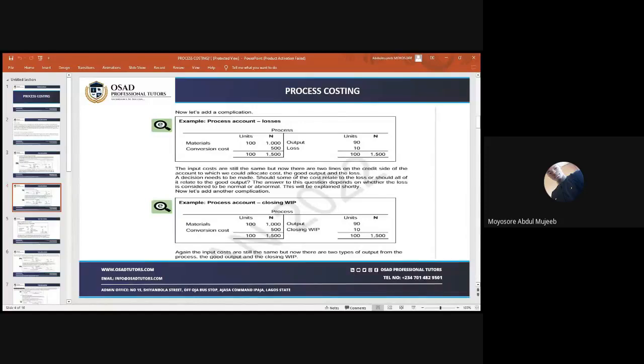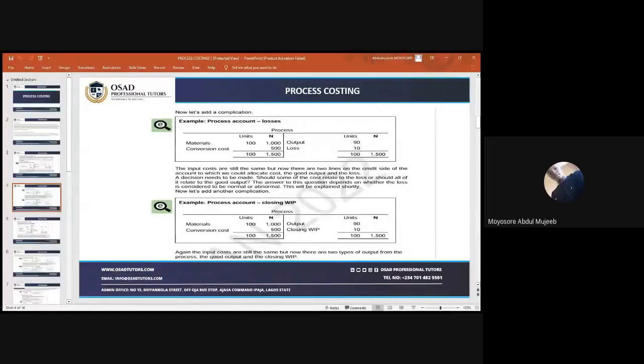But on the output side, you can see that 90 units came out. Meanwhile, they are telling us that we lost 10 units during production.